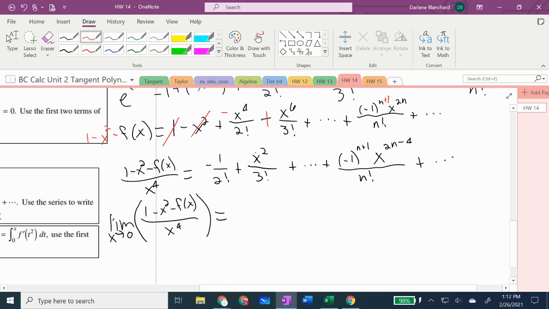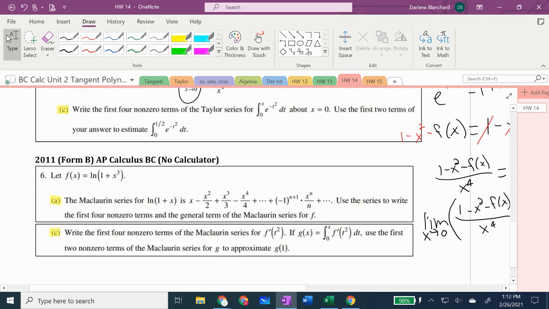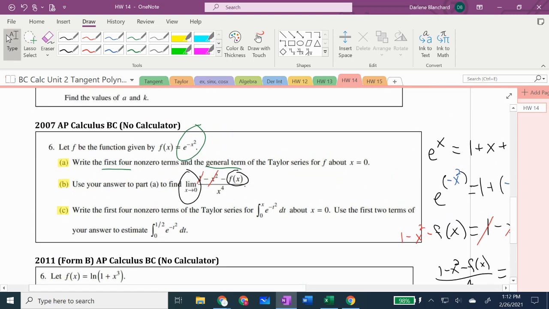When I plug 0 into every single x, I will end up getting just -1/2, because 2 factorial is 2. And that was letter B.